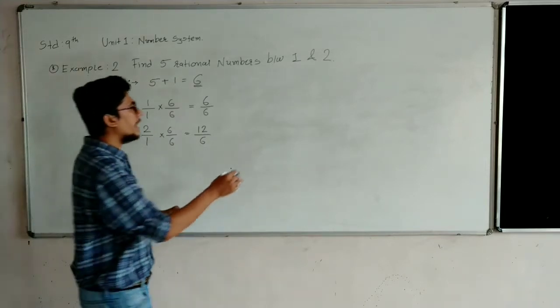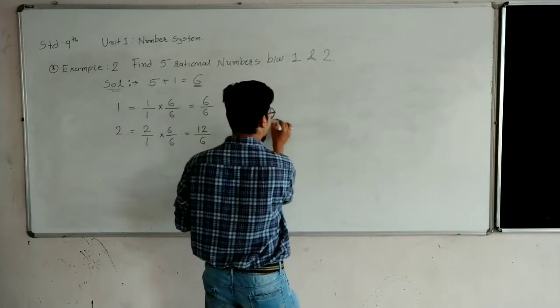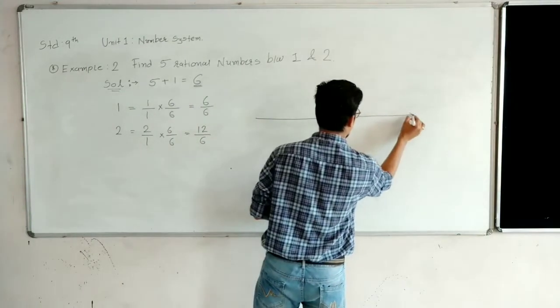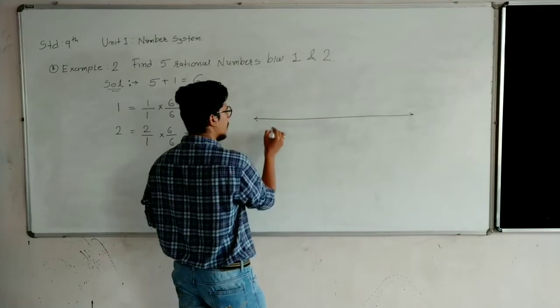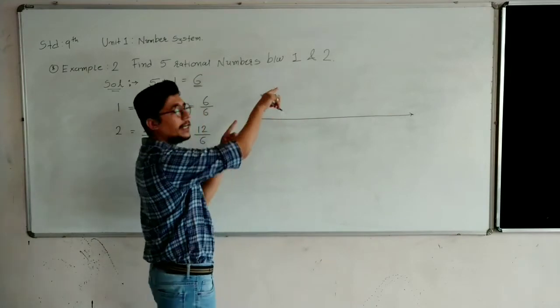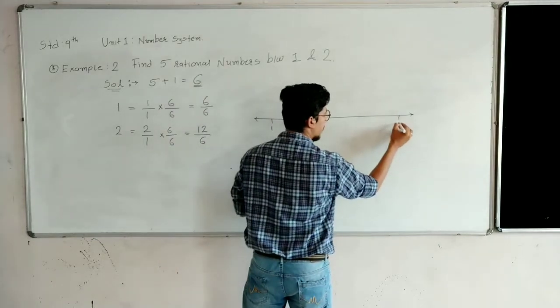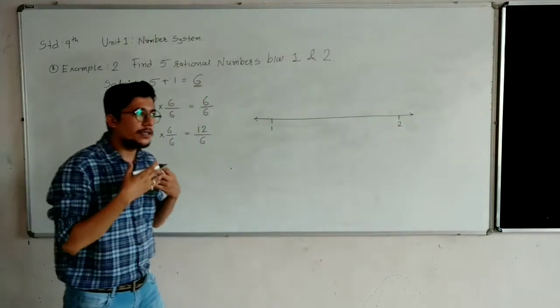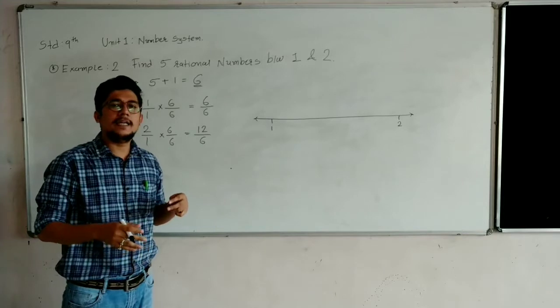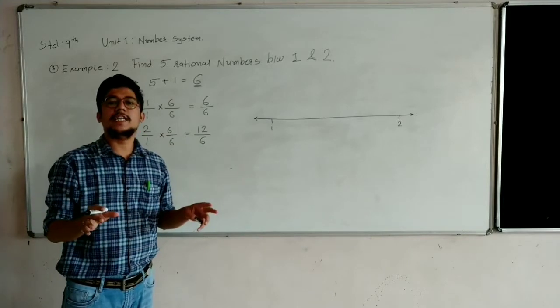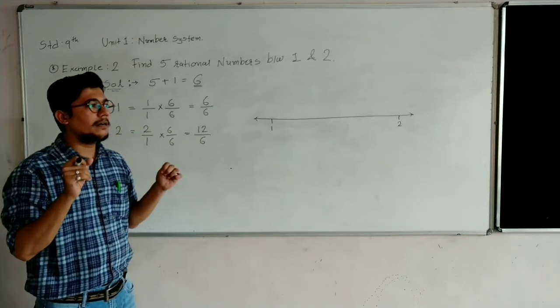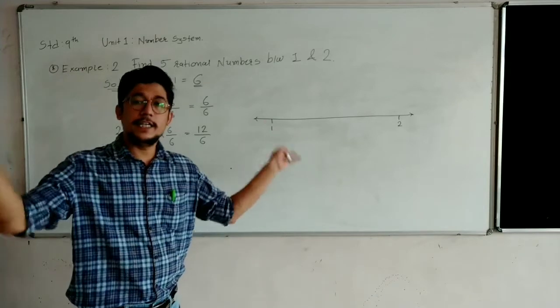Now take a number line. Here they are asking between 1 and 2, so put 1 over here and 2 over here. Why did I take so much distance? Because the number line is as long as we can think. It reaches to both the infinity ends.